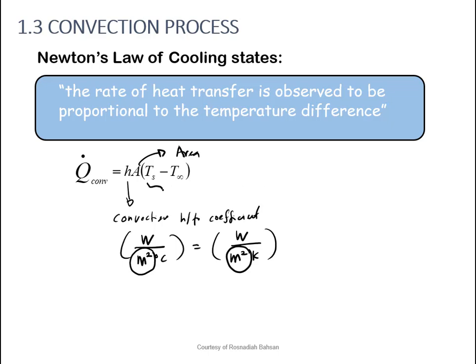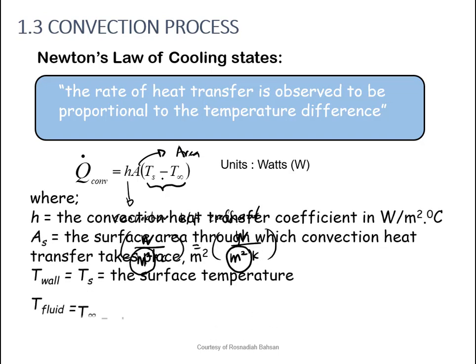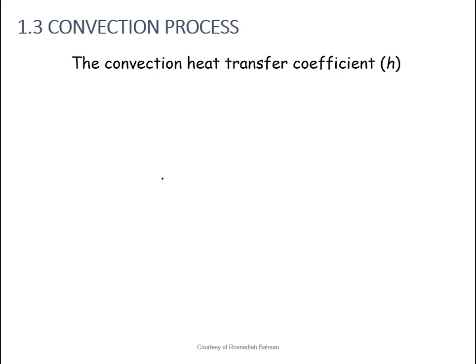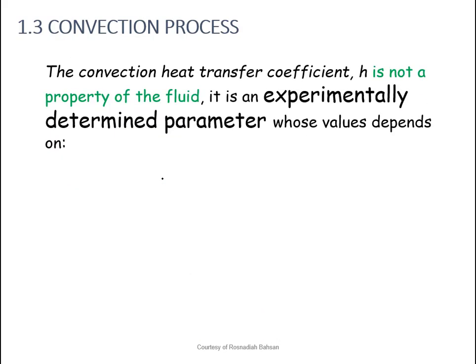Ts, or T hot, the stream temperature minus T ambient, or T hot minus the surrounding temperature difference. The unit is still the same, watts. So let's see the example of the convection heat transfer coefficient.